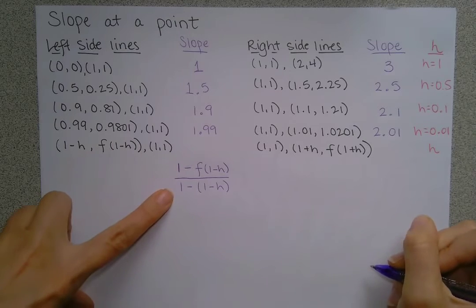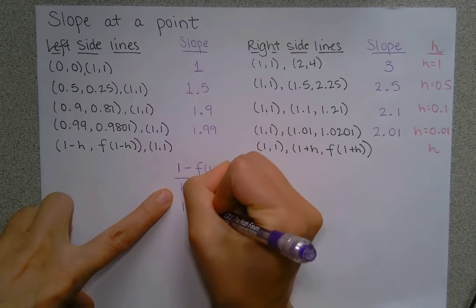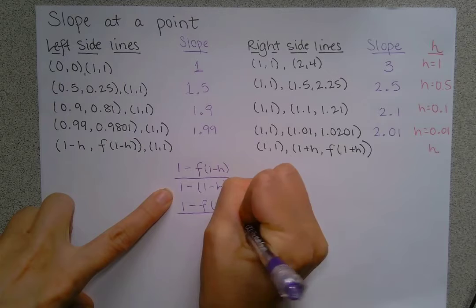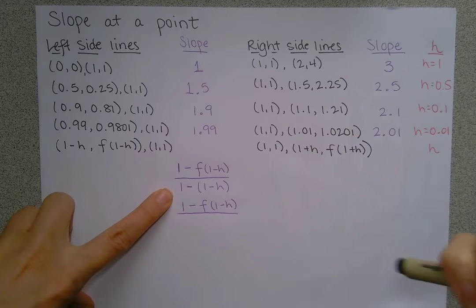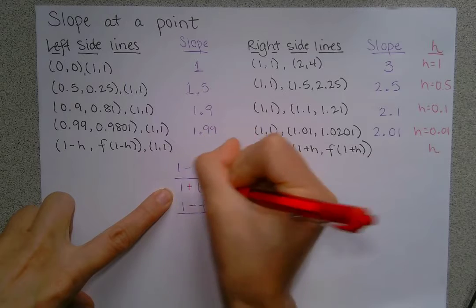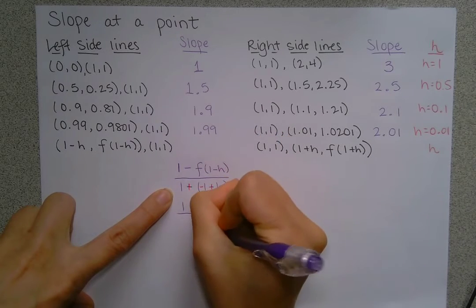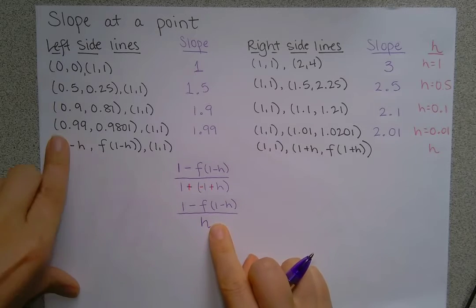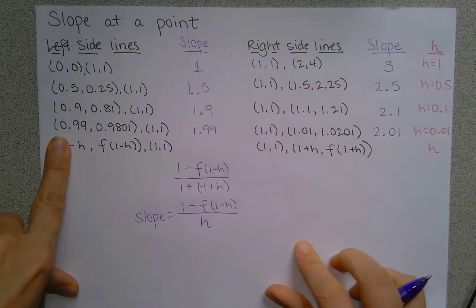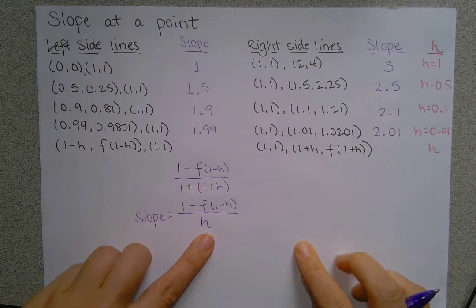In the denominator, I would change this subtraction to addition. This would become a negative 1, this would become a positive h, and I would be left with h in the denominator. So this would be the slope in general: f of 1 minus f of 1 minus h, over h.